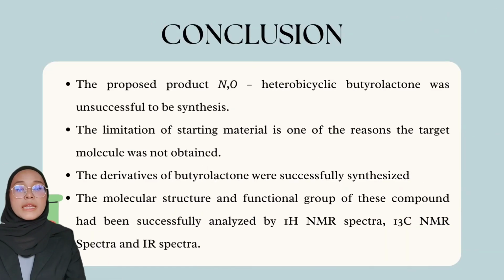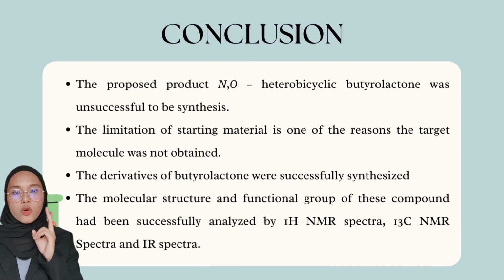In conclusion, the last product, 3-pentanoheterobicyclic butyrolactone, which is the intermediate of retronecine, was unsuccessfully synthesized. The limitation of starting materials is one of the reasons why the target molecule was not obtained. However, the derivatives of butyrolactone, which are compound 8A and compound 8B, were successfully synthesized in this project.